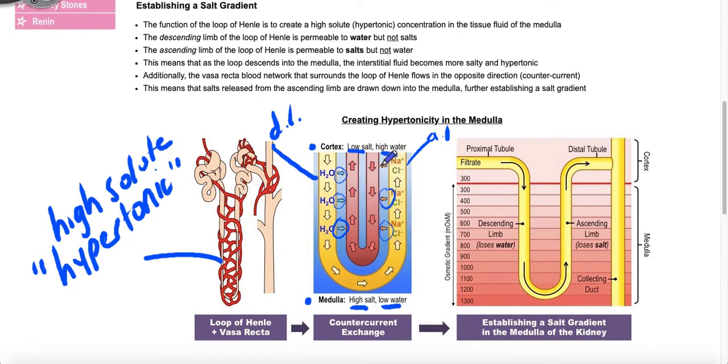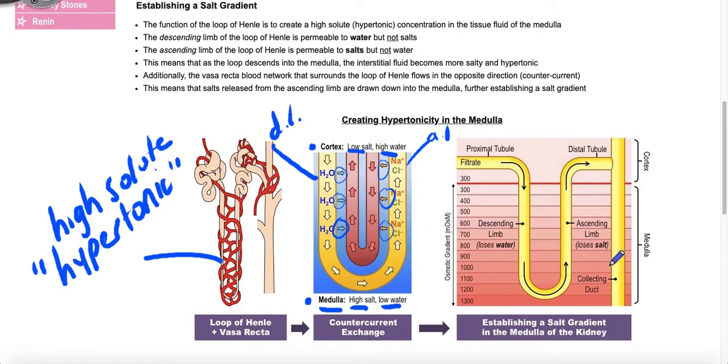These ions can leave the ascending limb of the loop of Henle, and they then go into this interstitial fluid area of the medulla. So that means that the medulla becomes salty, the medulla becomes hypertonic with low water and high salt.